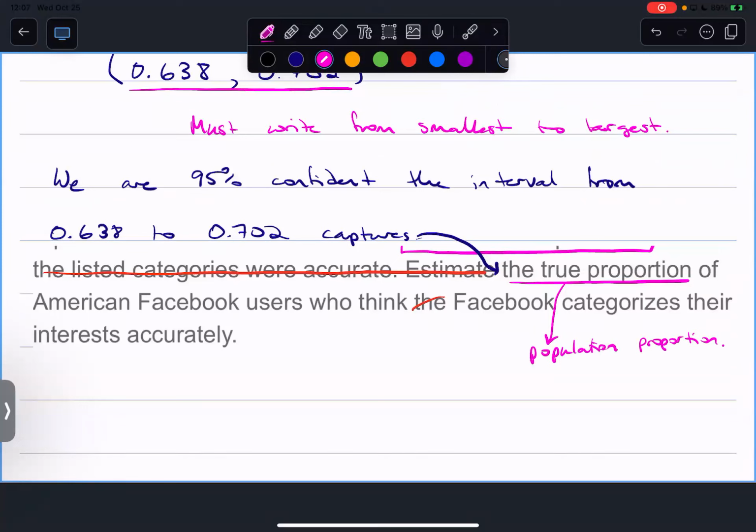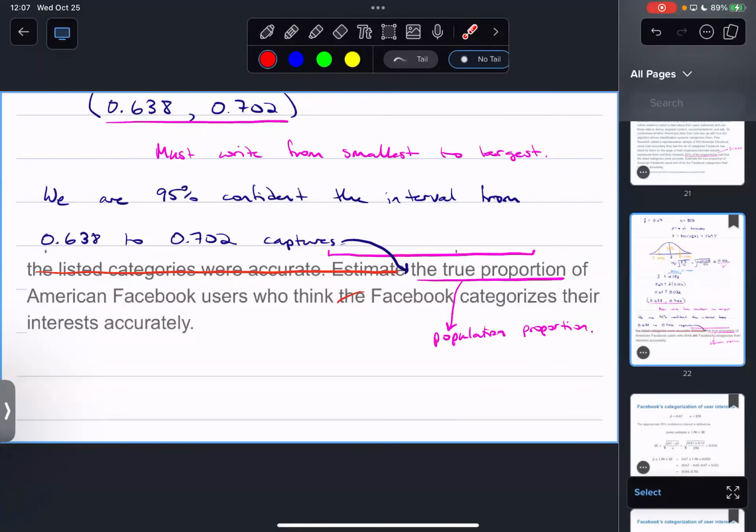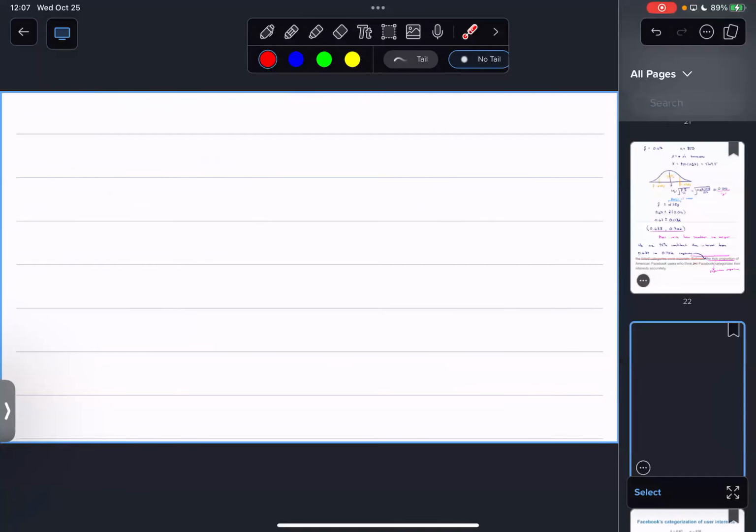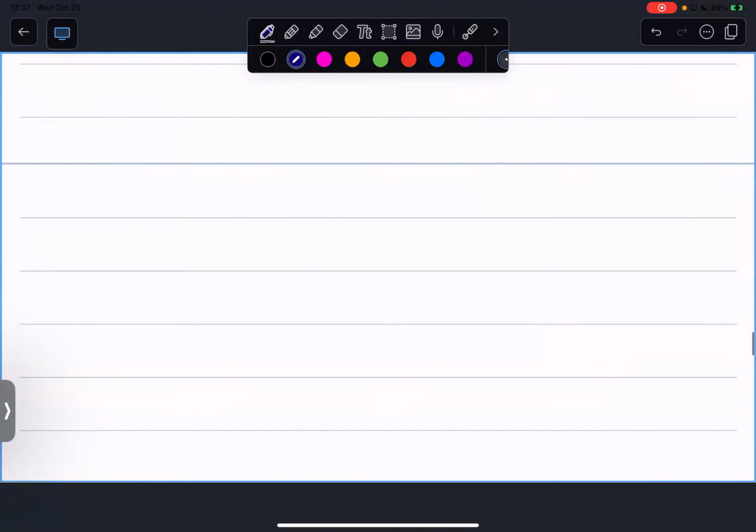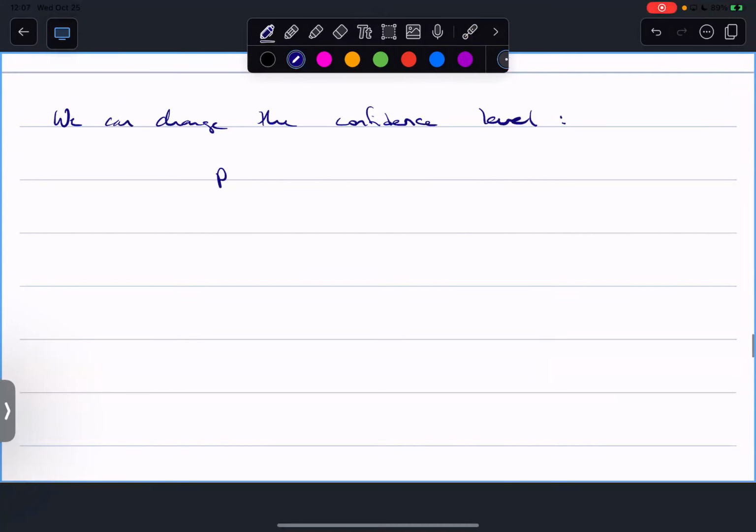If we wanted to change this confidence level, what would we have to do? I'll add another page. We can change the confidence level if we had p hat plus minus 2 times the standard error of p hat. What would we have to do?